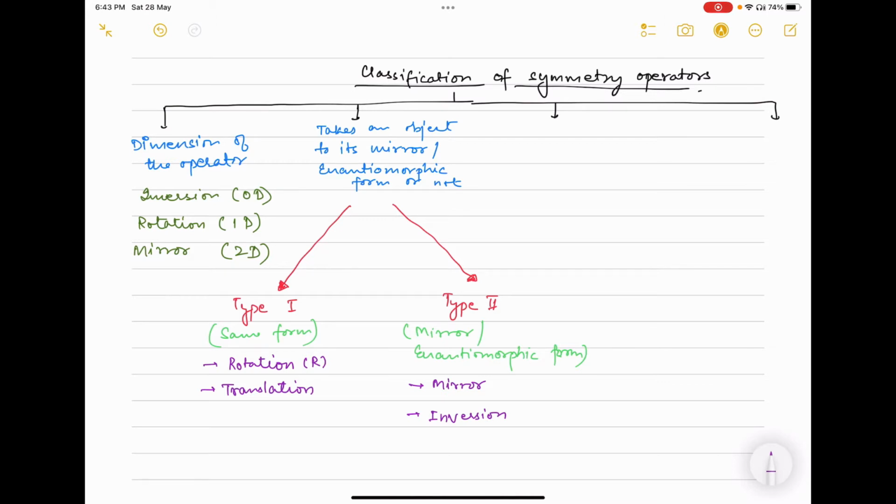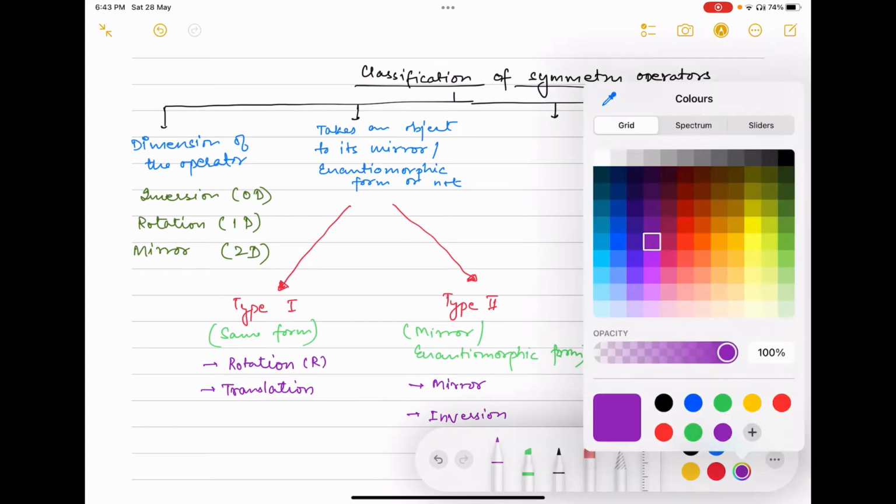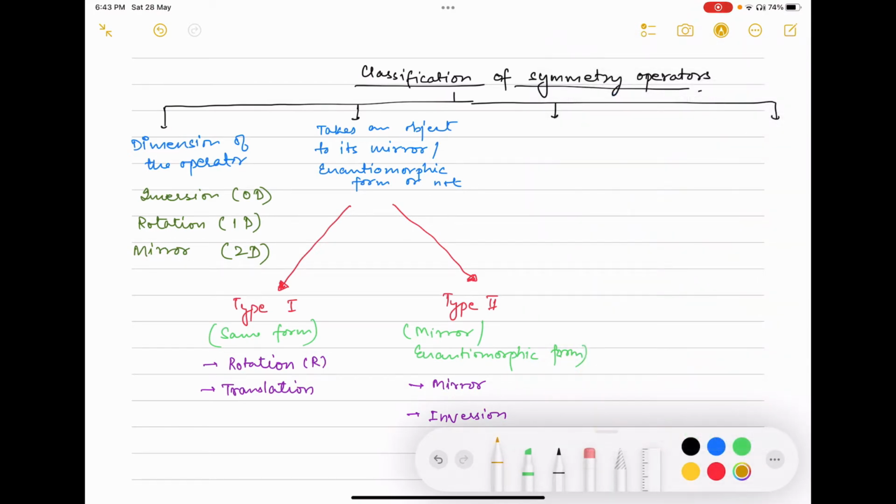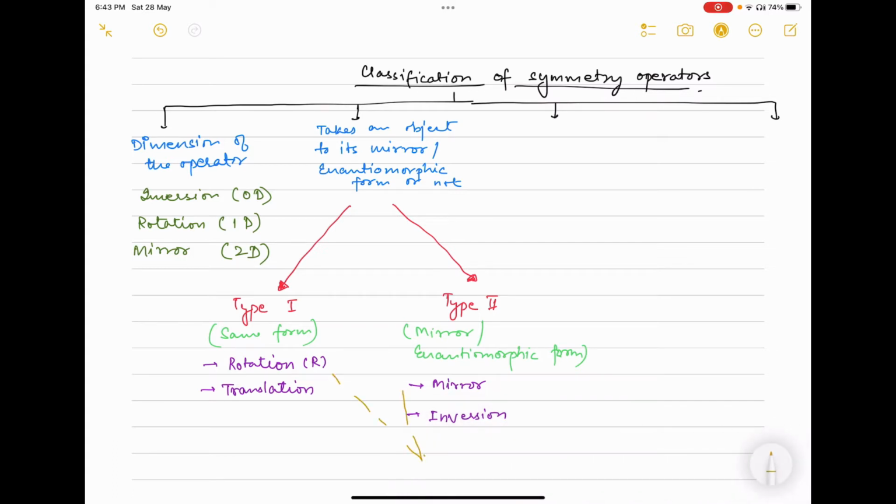Now we have some compound ones in type 2, that is, if we club these rotation plus mirror, we get roto-reflection. That is all a compound operator.